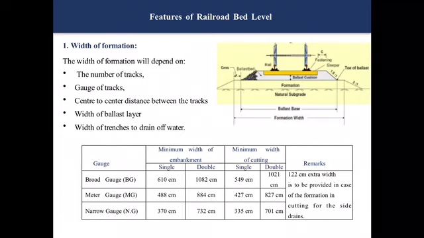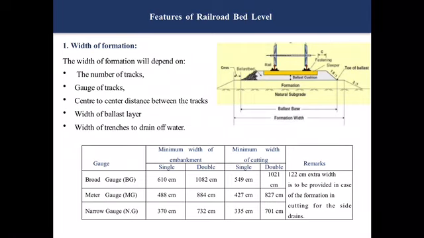The center to center distance of the tracks also affects the formation width, as does the ballast layer filling, and when the formation is taken in cutting, the width of the drain usually adopted to drain off rainwater. So these are some of the parameters which affect the formation width.